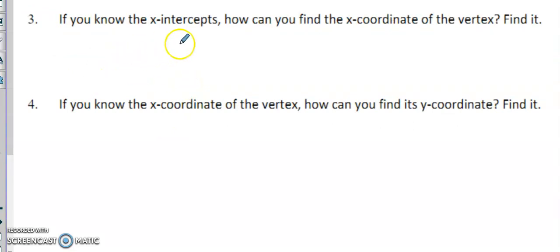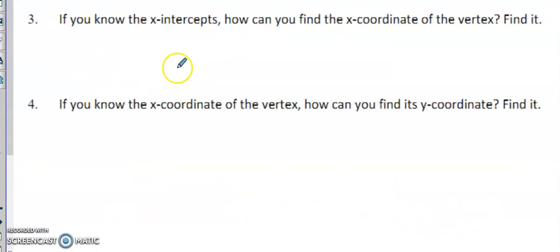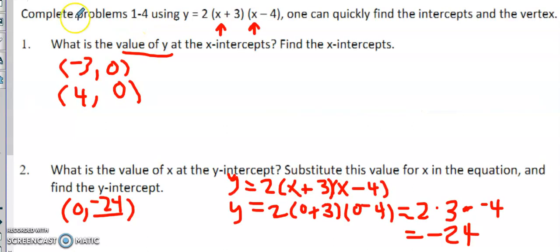So if you already know the x-intercepts, again going back to problem number 1, the x-intercepts were -3 and 4, then how do you find the value of the x-coordinate of the vertex? So to find the x value of the vertex, we're looking for the value that's exactly between -3 and 4.